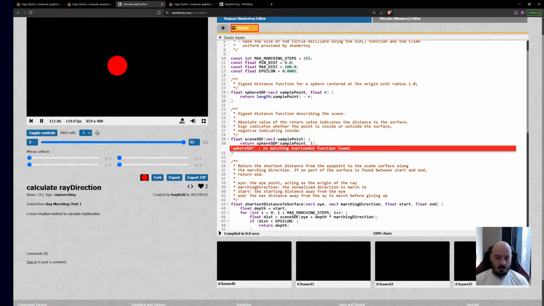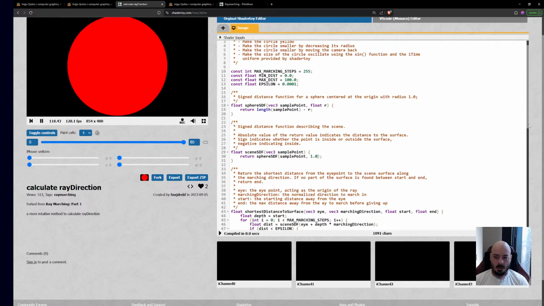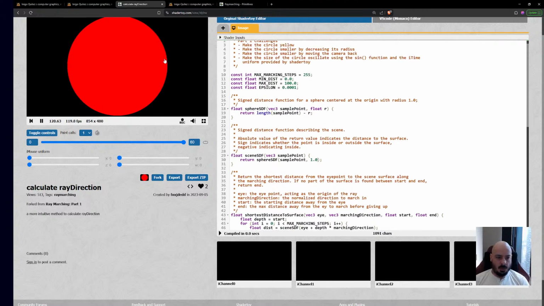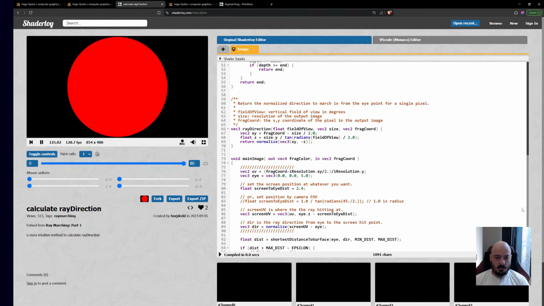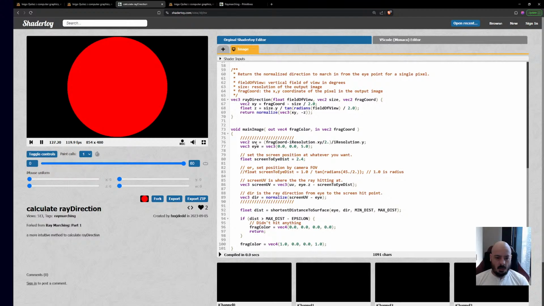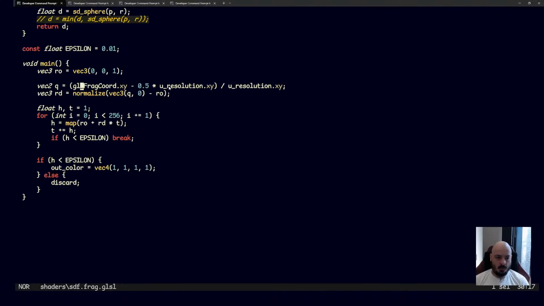What do you mean? What do you mean no? Oh, I need to put the 0.0 in Shadertoy. Yeah, okay, cool. So the UV thing is different, right?